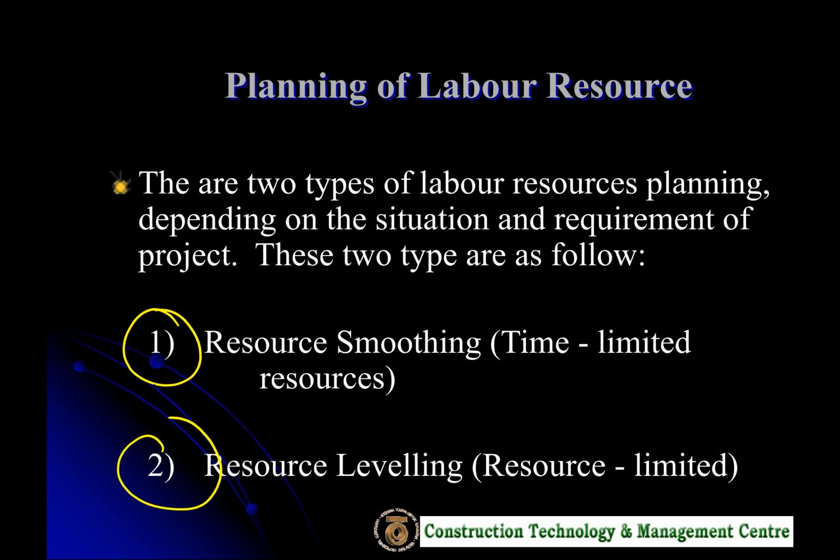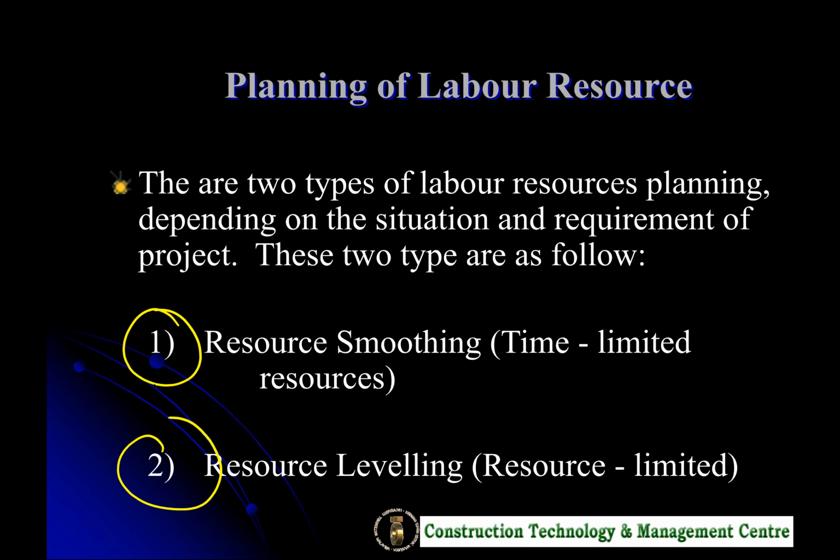The other way around, in resource leveling, the resource is the one that we fix. Based on the fixed resources, then basically we need to adjust the time. The time now can be adjusted or has to be adjusted. We have no choice. But in resource smoothing, it is the time that we set. We do not want to adjust any timing, but we can play around with resources.